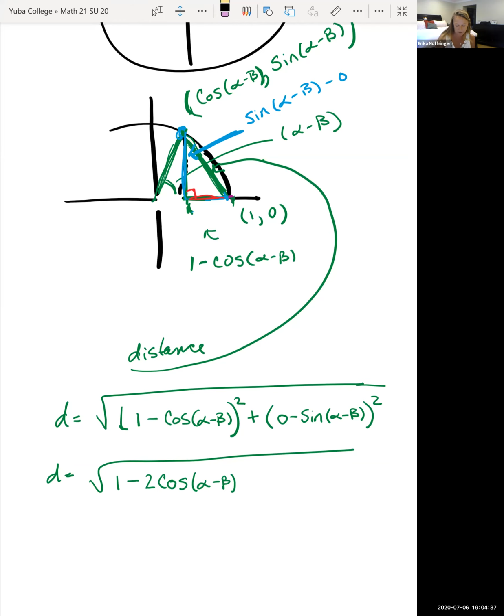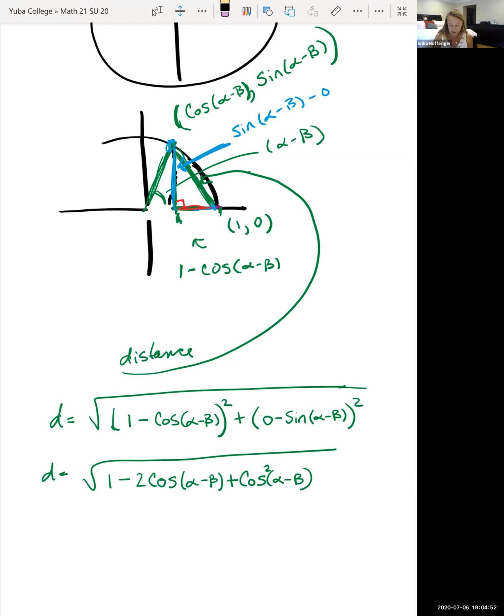And then my minus cosine of alpha minus beta times minus cosine of alpha minus beta gives me a plus cosine of alpha minus beta, quantity squared. So I can put the square here. And then negative sine of alpha minus beta times negative sine of alpha minus beta is a positive sine of alpha minus beta, quantity squared.